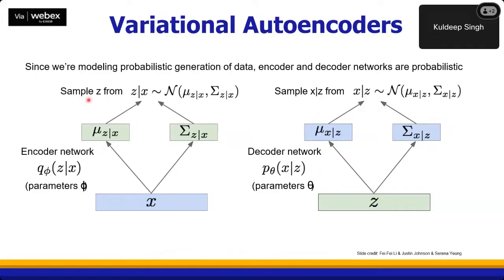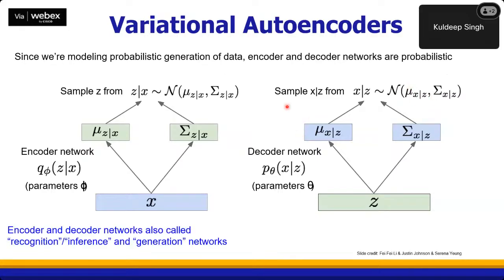We will sample Z from this distribution Z given X, which is defined by this mean and covariance. Similarly, we will sample X from this distribution X given Z, which is defined by mean and corresponding covariance.